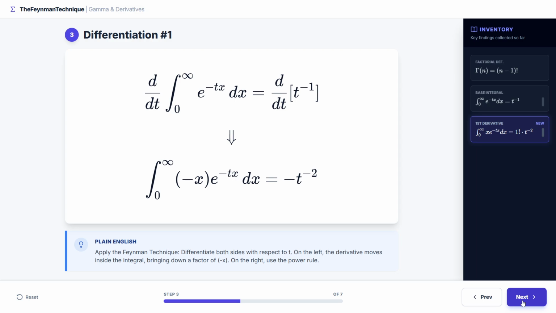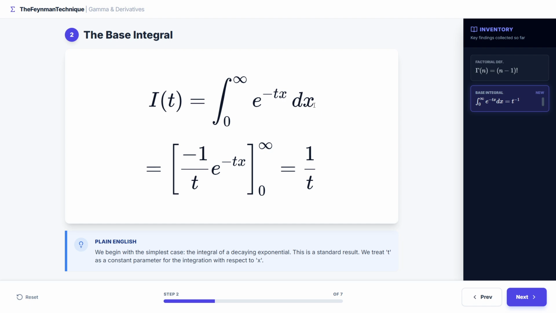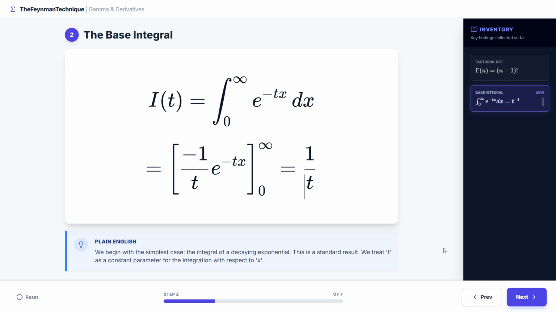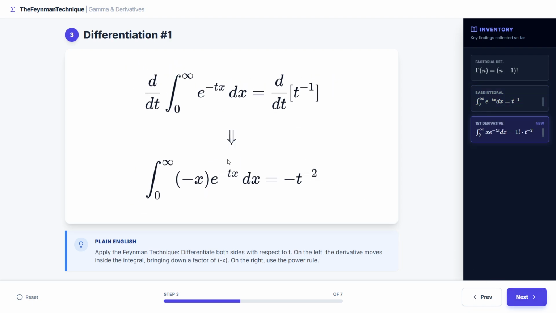Okay, so next we're going to use the Leibniz rule for differentiation under the integral sign to take a derivative on both sides of our equation right here. We have this is equal to 1 over t, and we will take a derivative on both sides, giving us this. So you'll notice we recovered a negative sign in both cases.